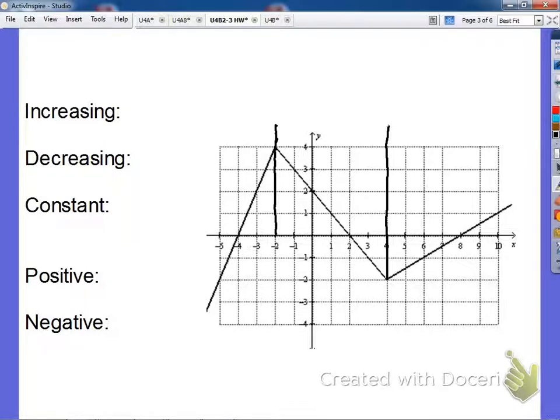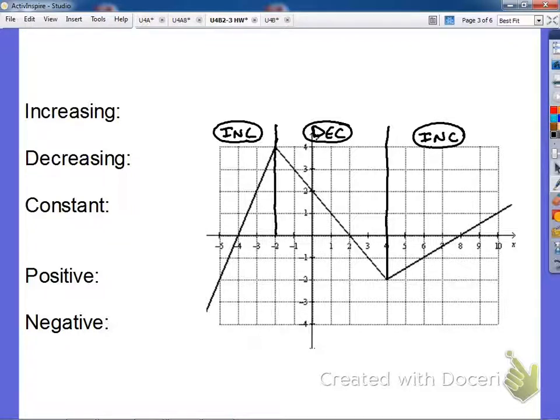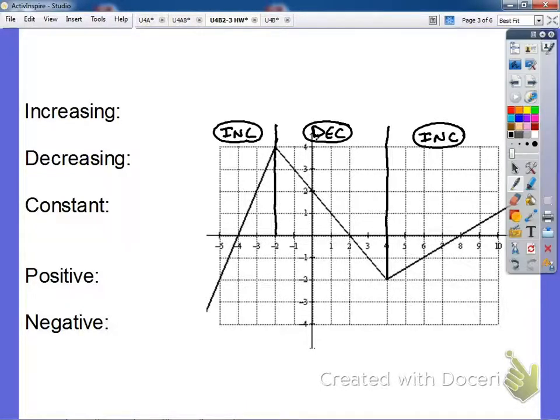So I can see that the graph on this section is increasing. On this section, the graph is decreasing. And on this section, it is increasing. Does it make sense? If the color helps a little bit, then you can see the graph increasing.